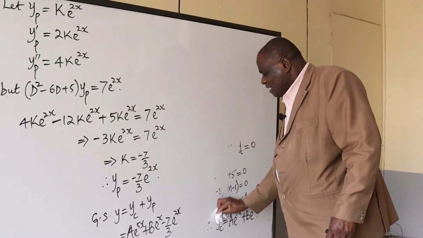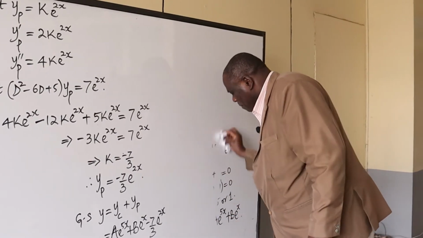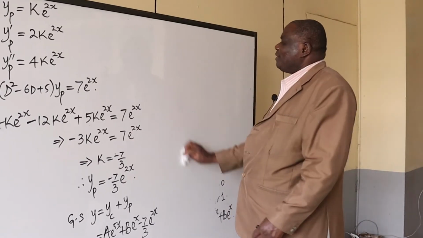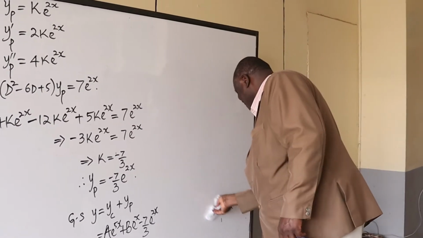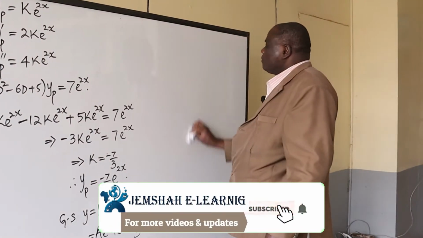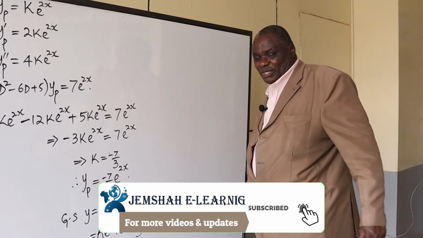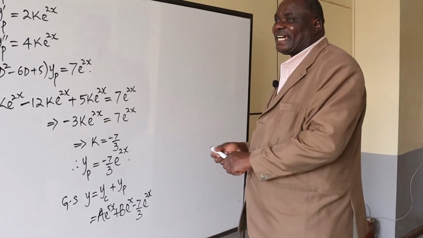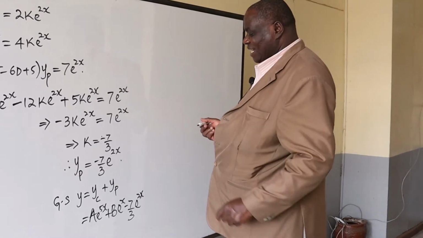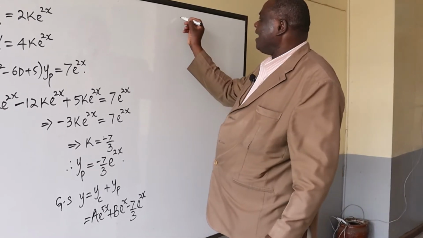Since we were to determine the particular solution, because some conditions were given, we can go for the particular solution. And before we do that, we need to determine dy dx.